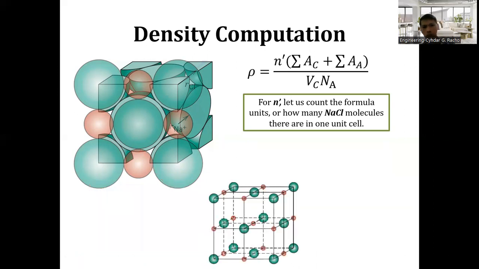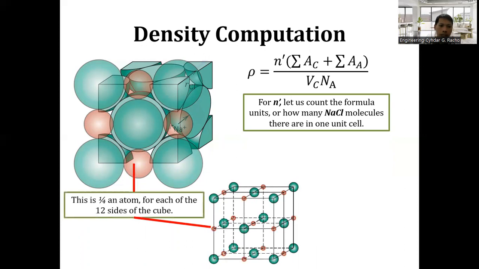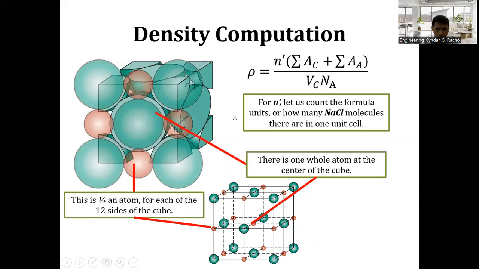Then we also need to look for the sodium, or the Na. This is 1/4 of an atom for each of the 12 edges of the cube, so we have 1/4 times 12. This one at the center is a whole atom at the center of the cube.